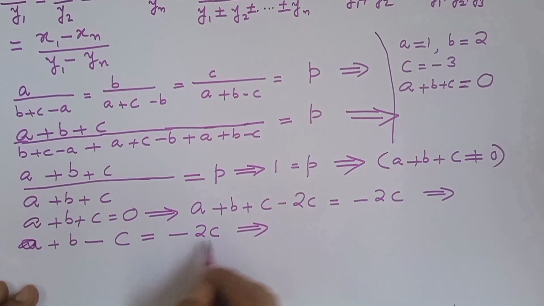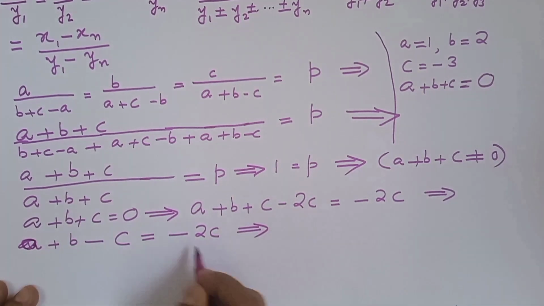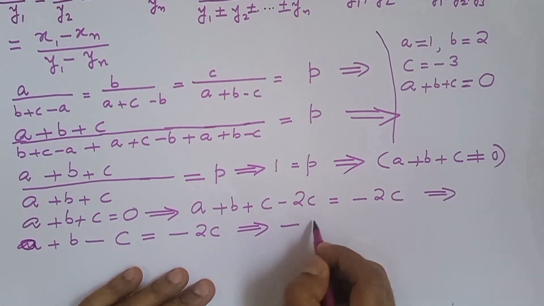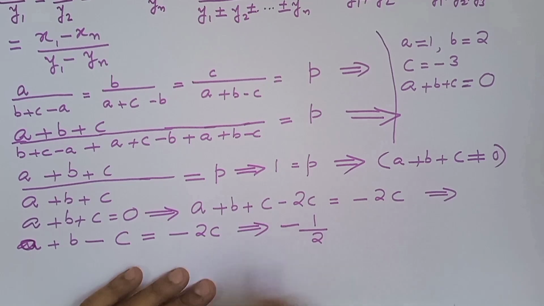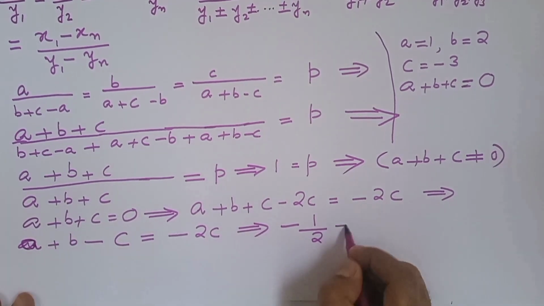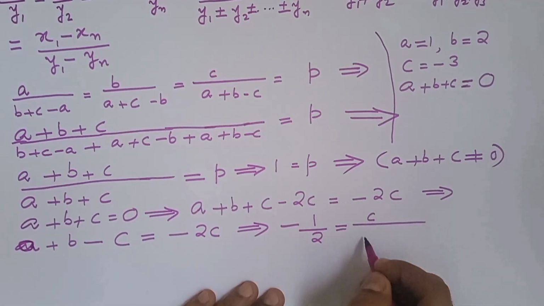Now keeping C here, you take A plus B minus C to the right side and minus 2 to the left side. When you do that, minus 2 will come, and A plus B minus C gone to the right side.